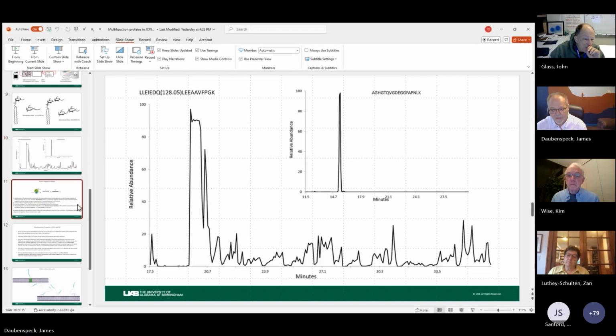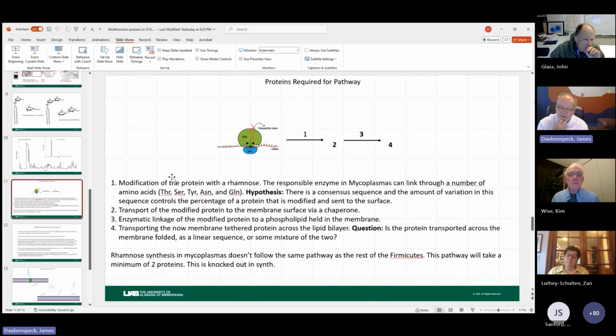Okay? So what do we need for this pathway to be active? All right? We got a modification of the protein with a rhamnose or a mannose in the case of Syn3. I think that the enzyme in mycoplasma, now this was probably not true in all the firmicutes, but I think in mycoplasma, one enzyme can do all 5 amino acids that I've got on board: threonine, serine, tyrosine, asparagine, and glutamine.